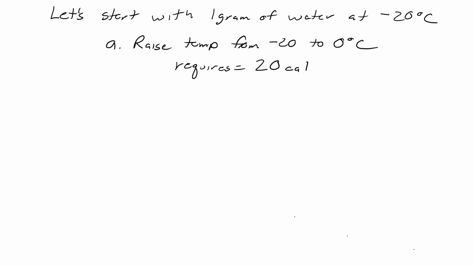At this point in time, what we have is ice, a solid, at 0 degrees C. But we know at 0 degrees C, if we're raising the temperature of ice, this is where ice melts, right?